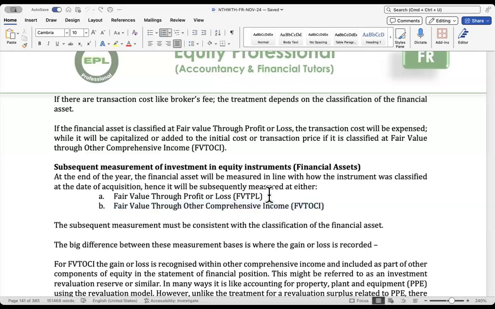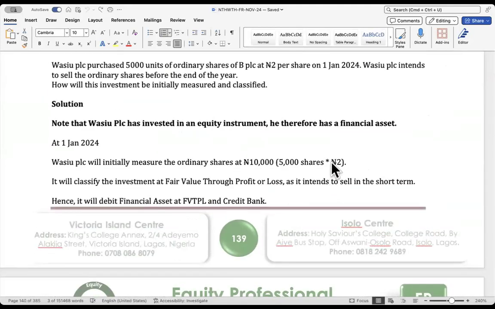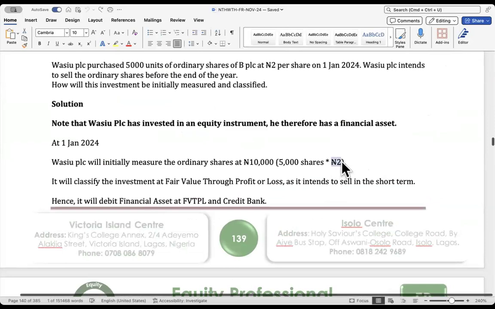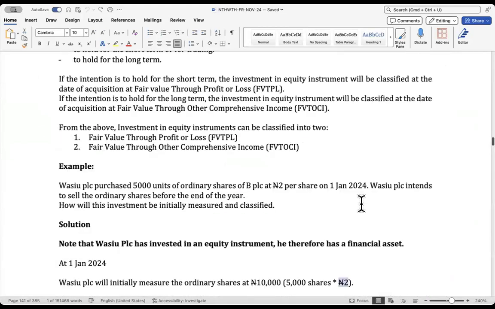Typically, we are talking about shares now. When you buy shares, share prices fluctuate, it changes. Okay, and share price is what we call fair value. So in the case of this guy that bought these shares at 2 naira at the beginning of the year, you agree with me that at the end of the year, it's not going to remain at 2 naira.